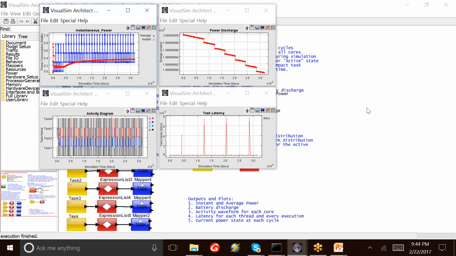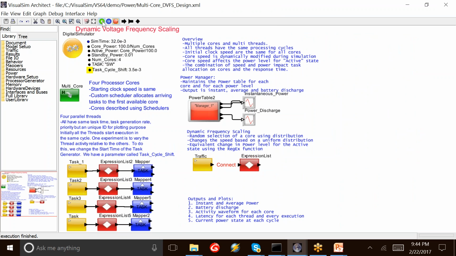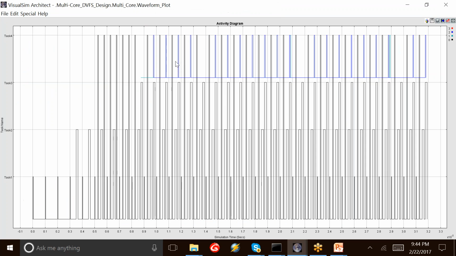One of the things I can do is start off by creating an offset. So rather than all the tasks arriving at the same time, they get offset a little bit. It's not a huge amount, it's in milliseconds, but we're still going to try it out. Right here, you notice only the blue and the black processes, only 2 of the cores, are really active.